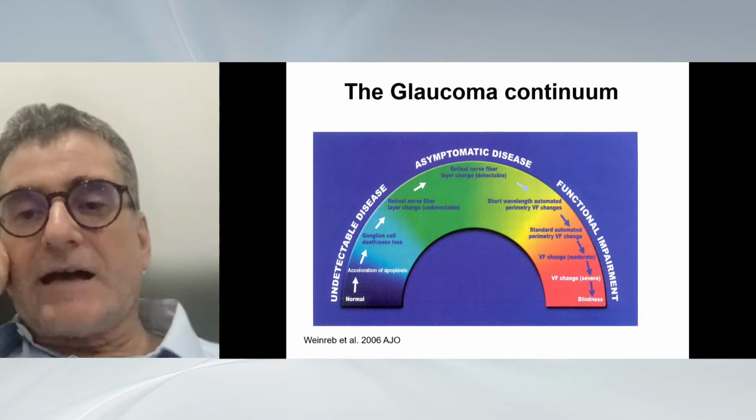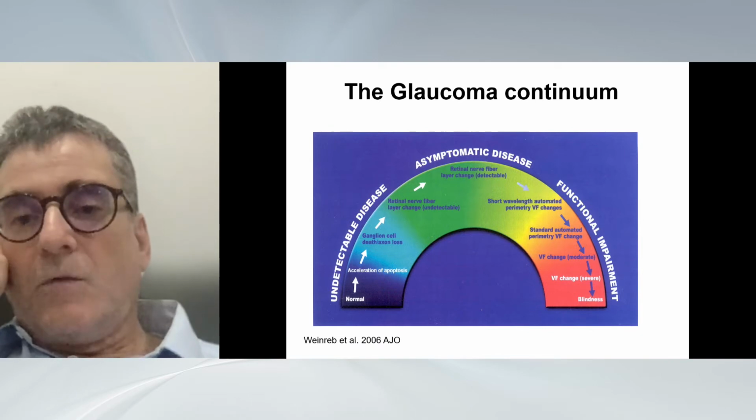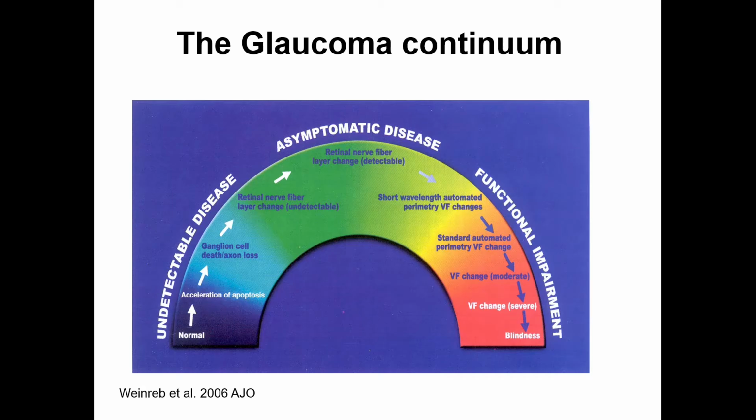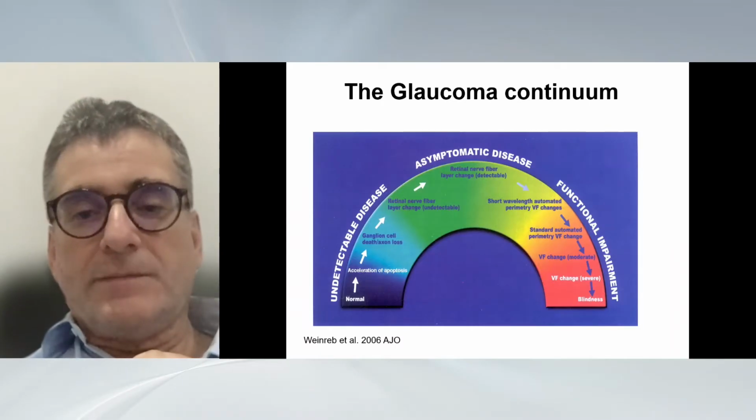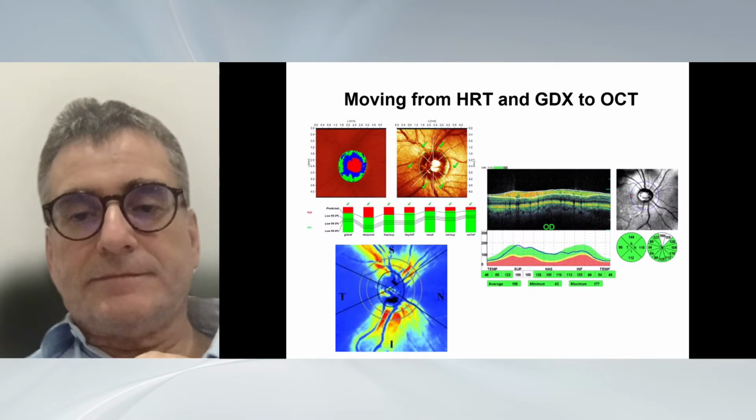And particularly in this asymptomatic disease stage, one would expect that you have structural changes that you can maybe detect with OCT, but you have not yet any changes that you can detect with current perimetry. And only later we move to a functional impairment, where then the functional changes as measured in perimetry will occur.